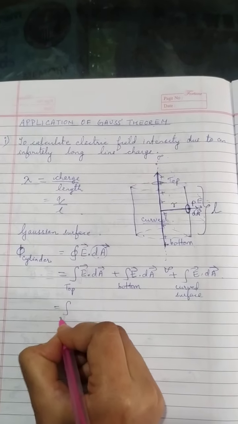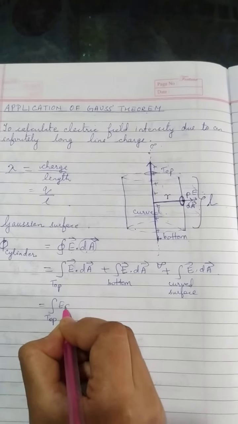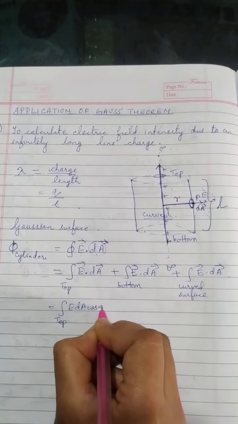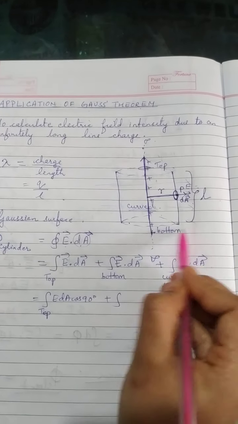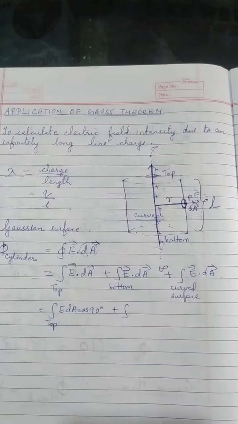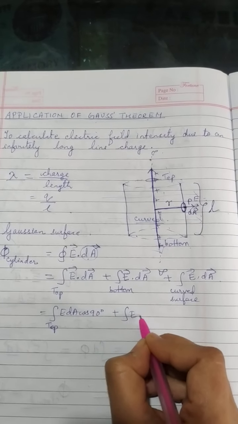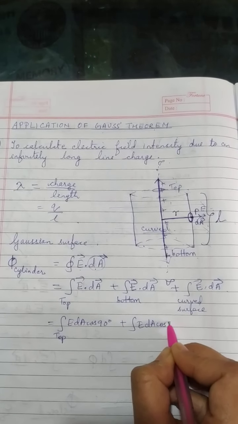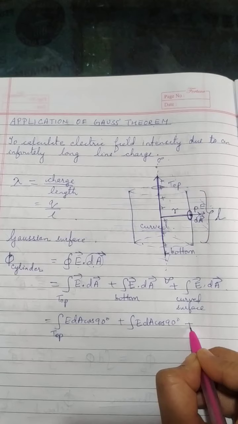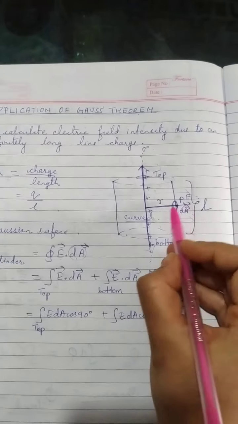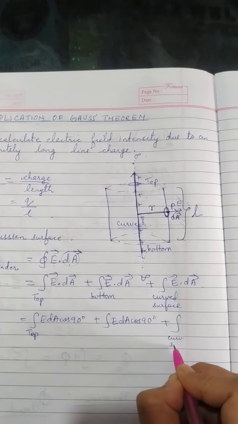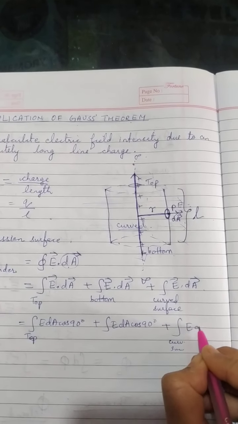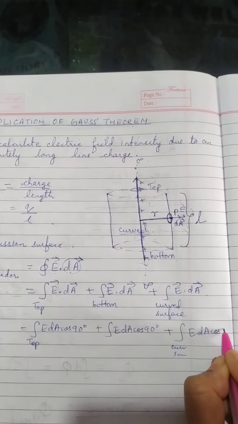So you can write it as E dA cos 90 degree. Similarly, at the bottom also the electric field is directed along the surface and the area vector is directed downwards, so it is E dA cos 90 degree, plus, for the curved surface, they are in the same direction, so it is E dA cos 0.